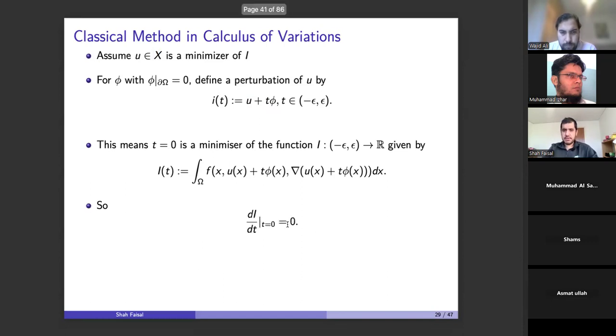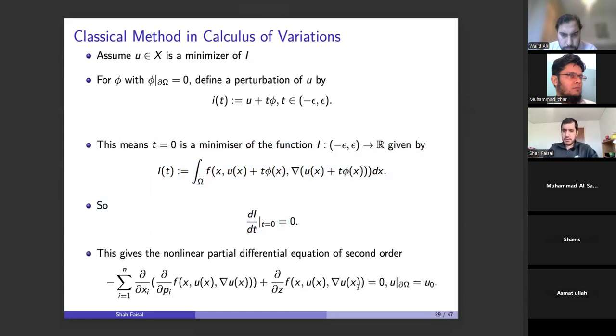So the derivative should vanish. And if you compute this derivative of this functional and set it equal to 0, that's exactly what you get. It's a nonlinear partial differential equation in this case. It could be linear in some cases depending on the functional, but in general it's a PDE, okay? So what does it say?